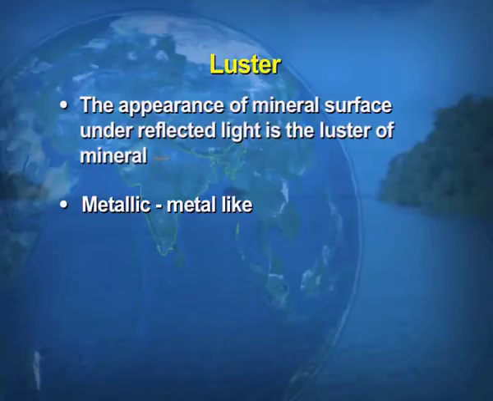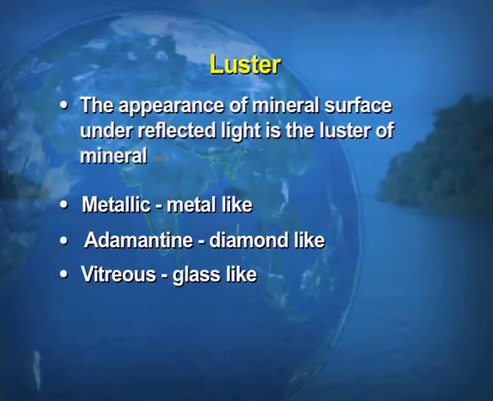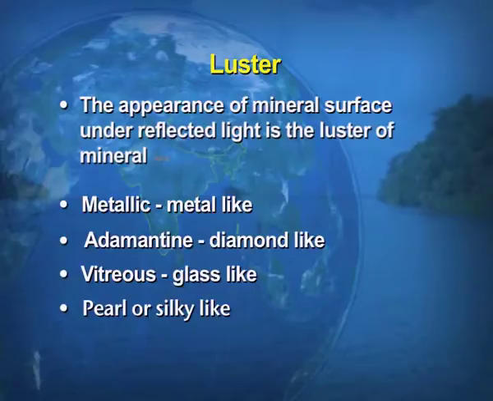We also talk about the adamantine, that is diamond like. We talk about the vitreous, which is glass like, or we can talk about the pearl like or the silky like. So, these are the different terms which we use for the luster of the mineral.